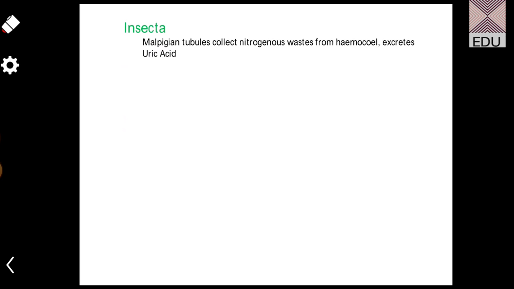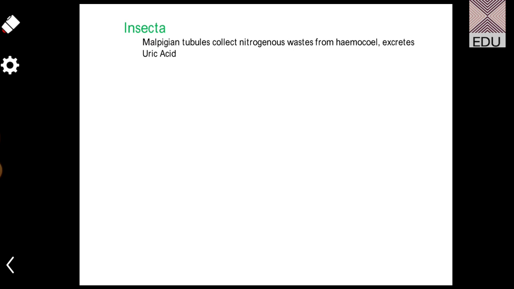This is a very interesting thing: structurally they are a part of the digestive system, but they function as excretory structures. So this is a big kind of ambiguity. They are a part of the digestive system, but they are working for excretion.